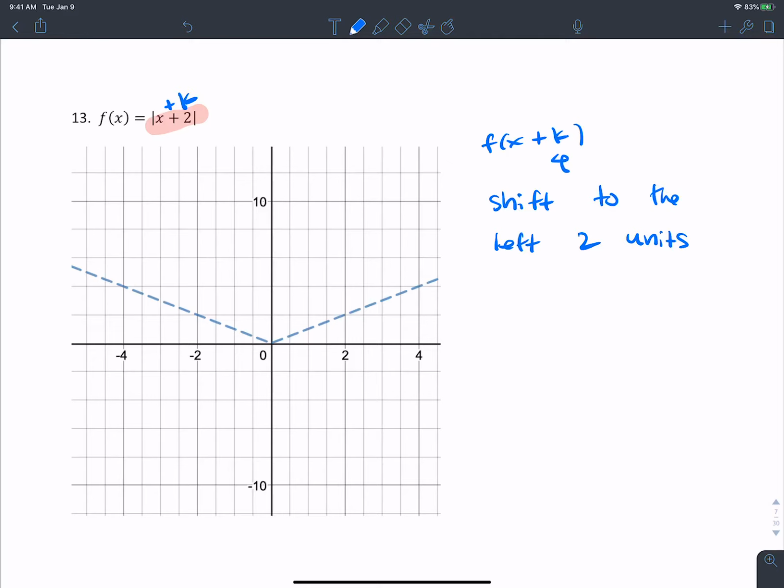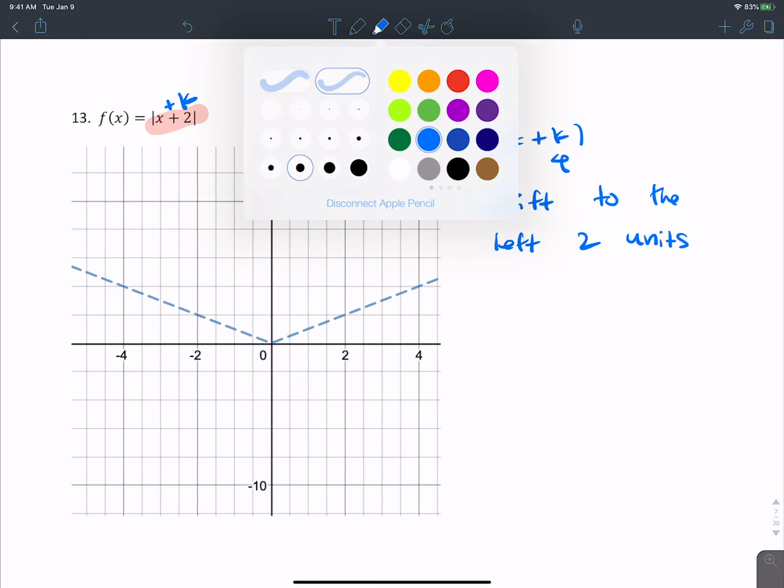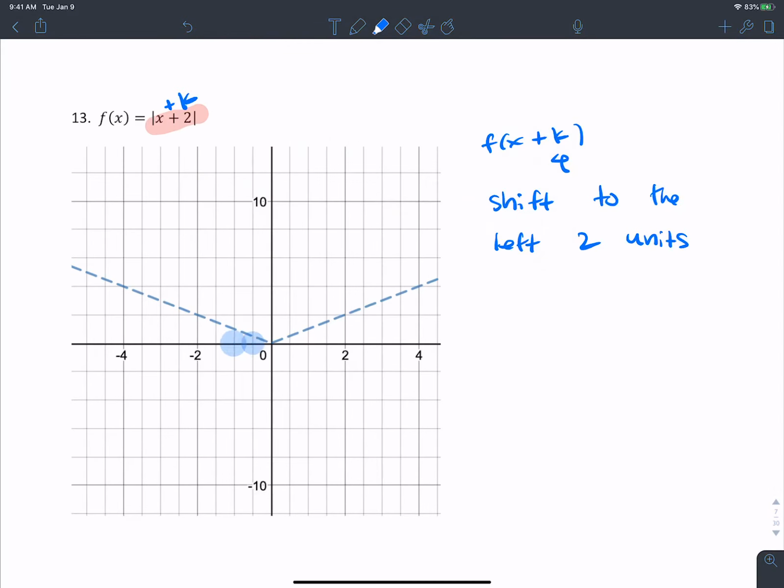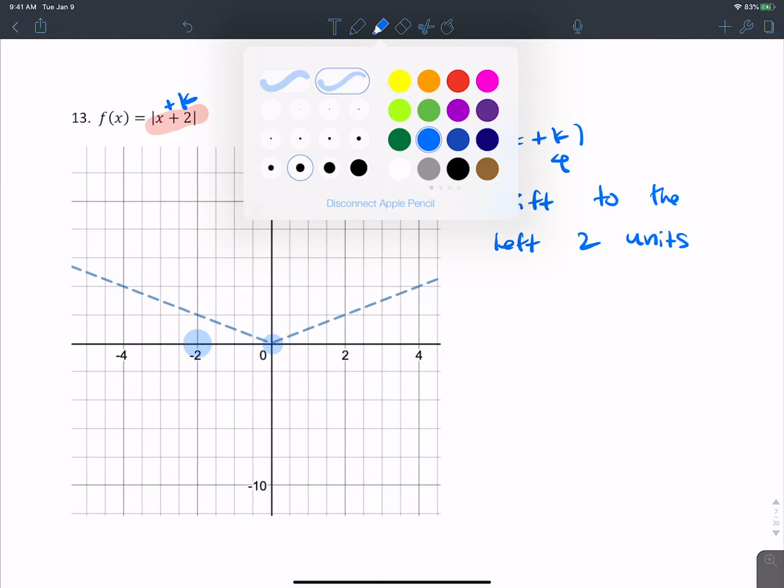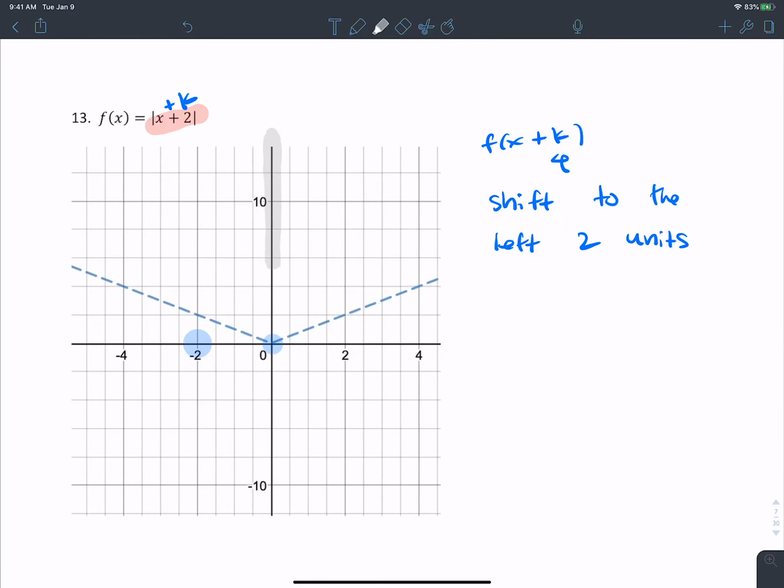Now, if you look at our graph here, it's not like we're moving 1, 2 here. Again, every dash mark represents a half. So what I can see, if I move to the left 2 units, and again, I'm moving this origin to the left 2 units, this is where my new origin is in a sense. And again, if I move my y-axis 2 units as well, it'll be simply over here. Again, the spacing is not 2 dashes, but this is where 2 units would be, where negative 2 is.